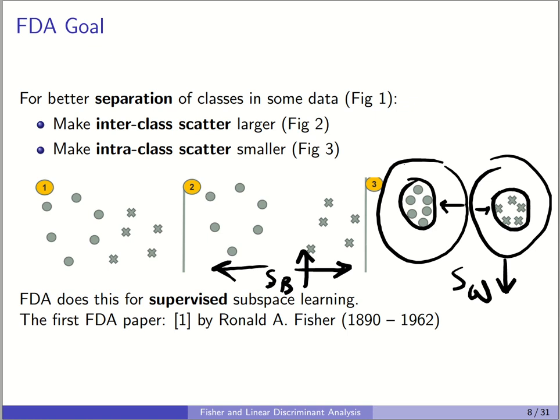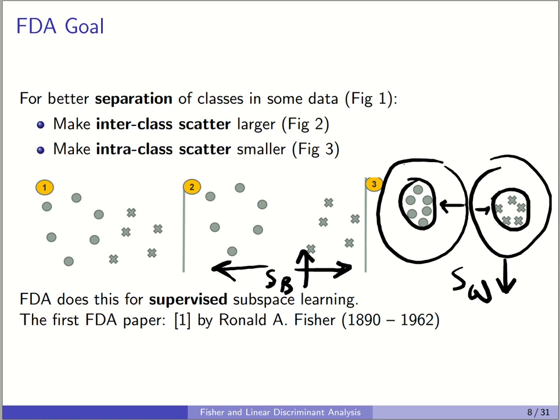So the goal of Fisher discriminant analysis, FDA, is to increase the between scatter and reduce the within scatter. And I can tell you that all supervised dimensionality reduction methods usually have this idea. They all, in different ways, do this in order to separate classes.